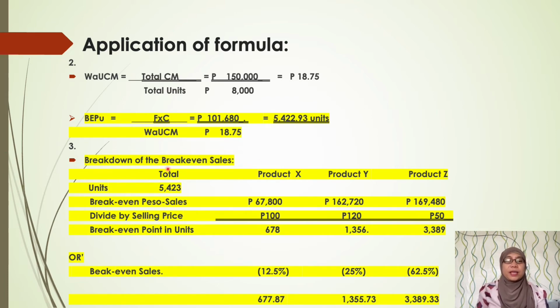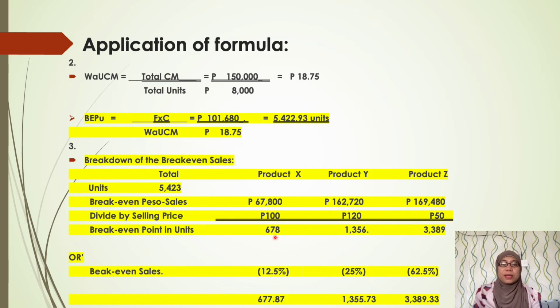So, same way sa other computation, we will also use the percentage of break-even sales of each product. So, ganito yun siya. Yung 12.5% ng product X na percentage niya sa break-even sales, i-multiply lang natin dito sa 5,423. So, makukuha natin, we will get 677.87 for X, then for Y is 1,355.73, for G is 3,389.23.